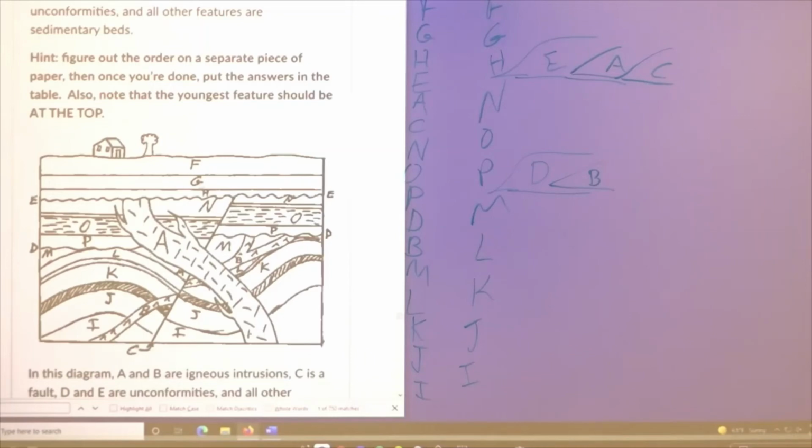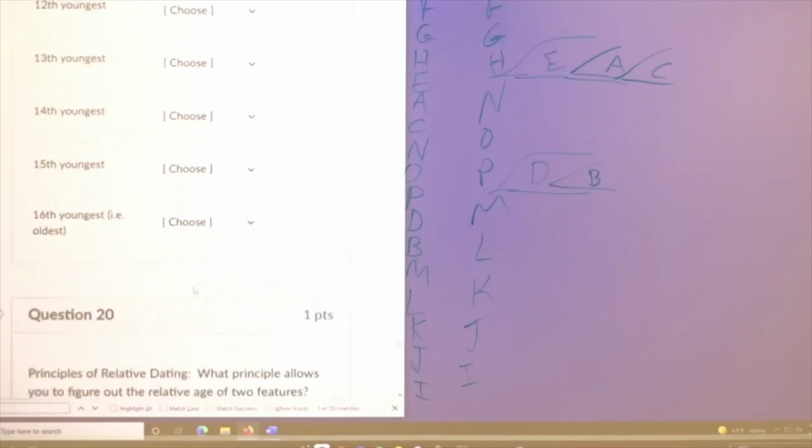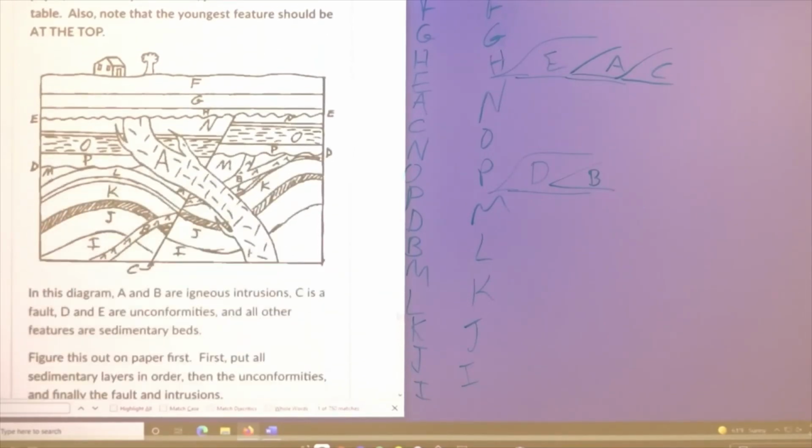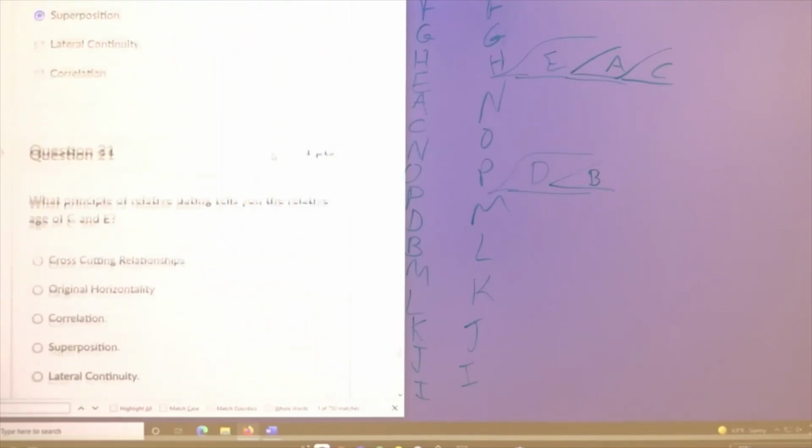G is deposited on top of H, so superposition is what tells you that relationship. C and E. C is here, E cuts it off. It doesn't allow C to go up farther, so that's the principle of cross-cutting relationships.